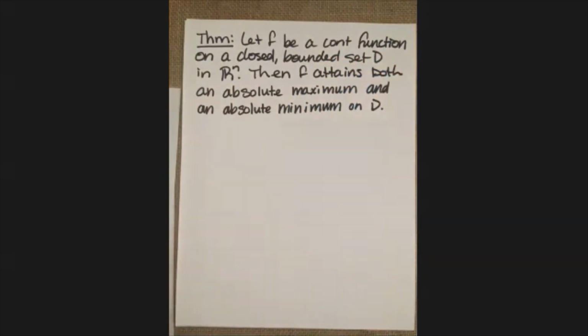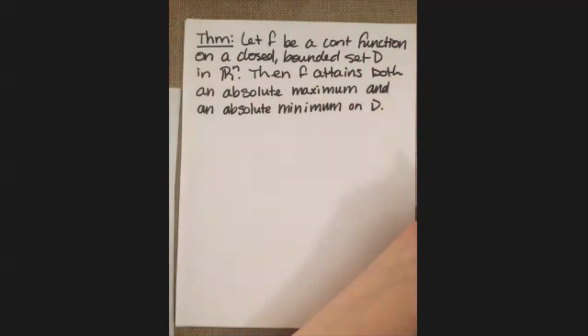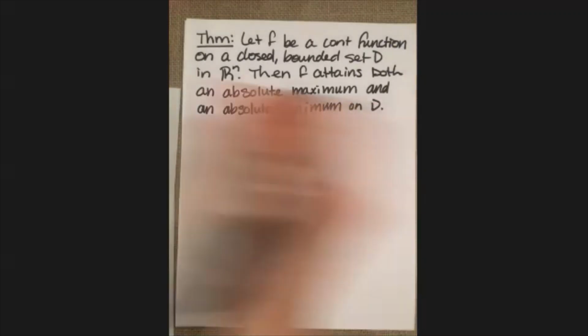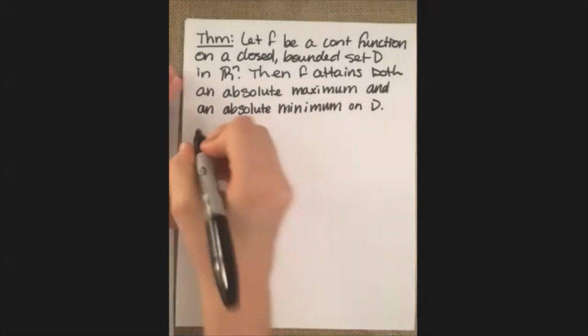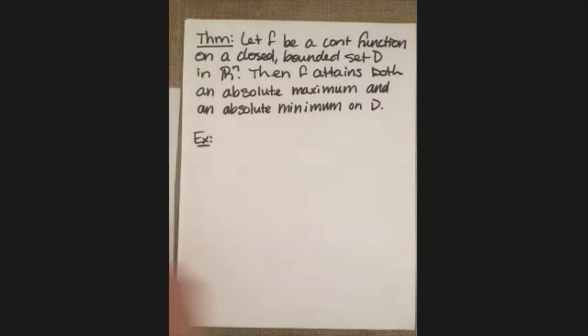Okay, but one thing about having that it's defined on this closed and bounded set means that we have to have extra information, or what's called a constraint on the function f that we're working with. So here's an example of what that would look like, and I'll work through this example in a sec.